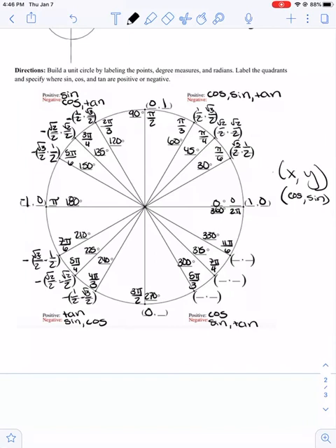Now we went 0 in the x direction, the negative 1 in the y. All right, now x is positive, y is negative. So 1/2, negative root 3 over 2. Root 2 over 2, negative root 2 over 2. Root 3 over 2, negative 1/2.